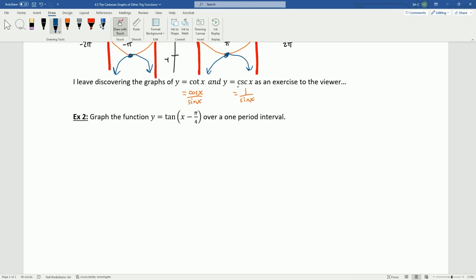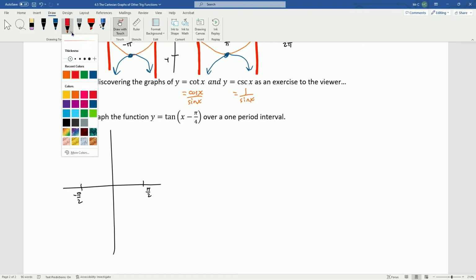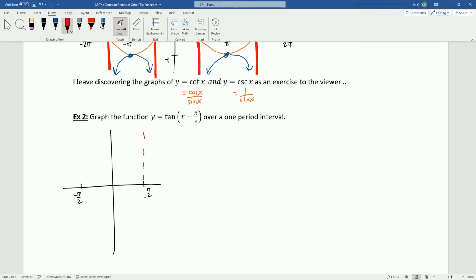Okay, so let's graph the function y equals tangent of x minus pi over 4 over a 1-period interval. When you do this, I want you to just start out always by quickly graphing the basic graph of the function, the parent graph. So that's what we're going to do. When I look at tangent, I go, oh, I've got asymptotes at pi over 2 and negative pi over 2.